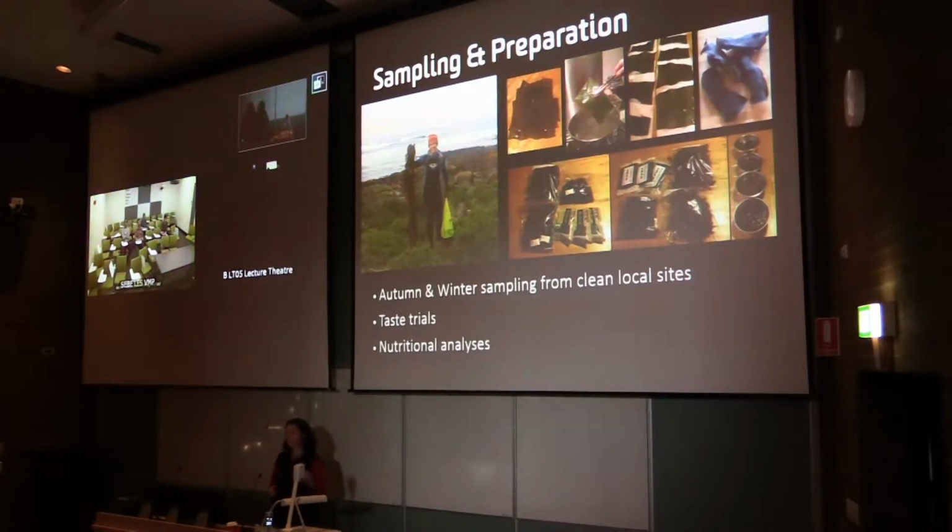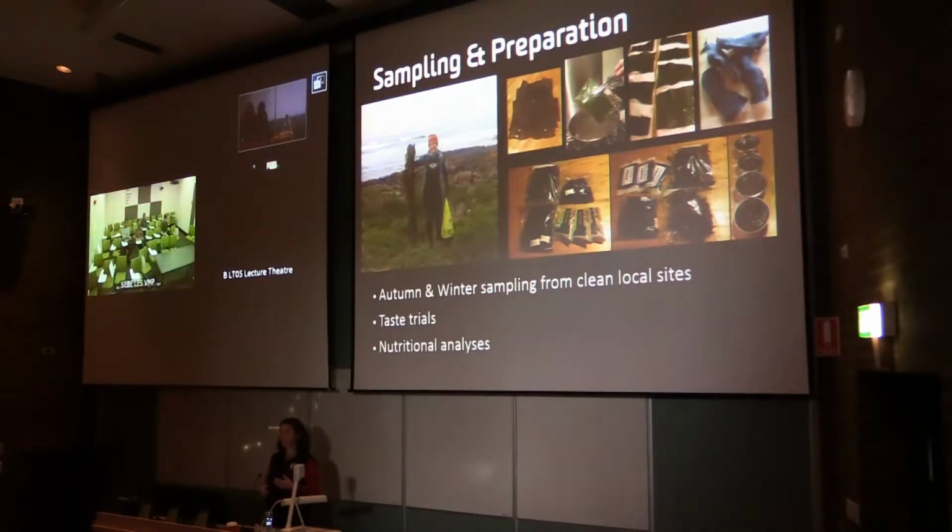So we collected these samples, we blanched them, we dried them, and then when we came to prepare them for our dishes, we rehydrated them and prepared them according to the standard practice. And this is relatively standard practice for preservation of seaweeds in Japan.